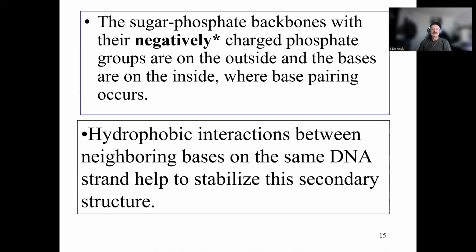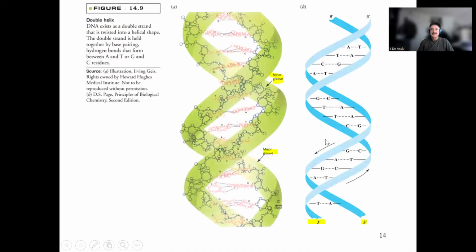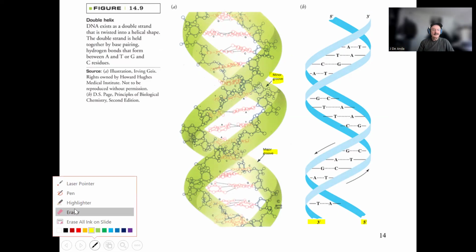But besides that, what's going to happen is that the bases of DNA are going to be stacked, and that's going to maximize hydrophobic or nonpolar interactions between neighboring bases, and that's going to stabilize the secondary structure. If I go back to the previous slide, you can see where these bases are kind of stacked there in the middle.